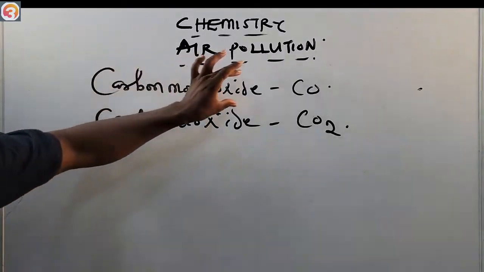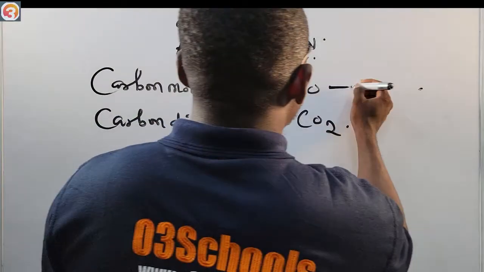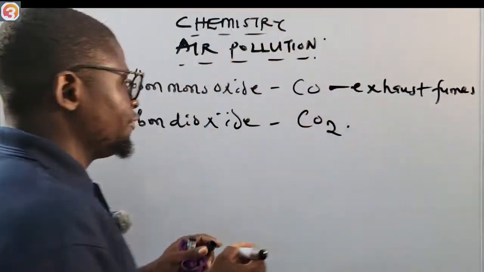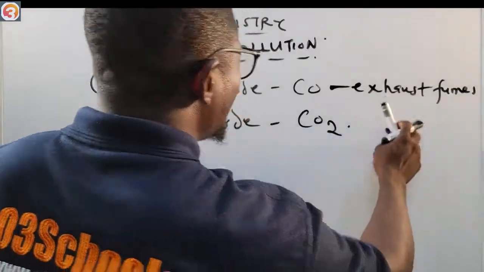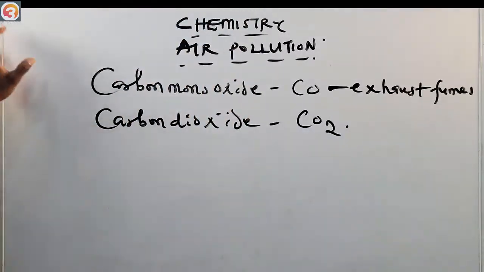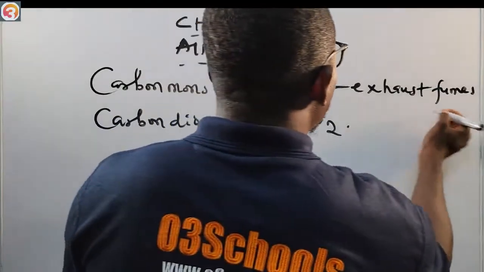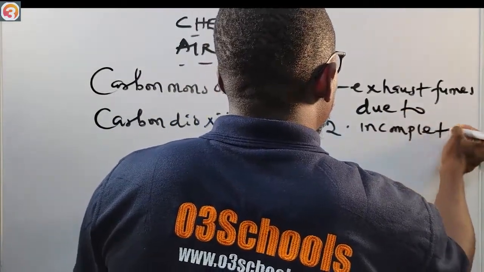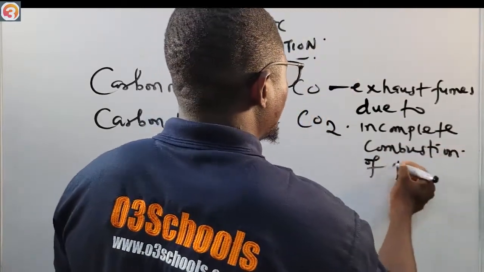Carbon monoxide is present in exhaust fumes. These exhaust fumes are those you see in your car. So carbon monoxide is present in exhaust fumes from cars, due to the incomplete combustion of petrol.